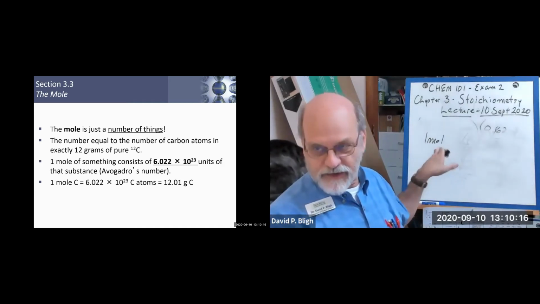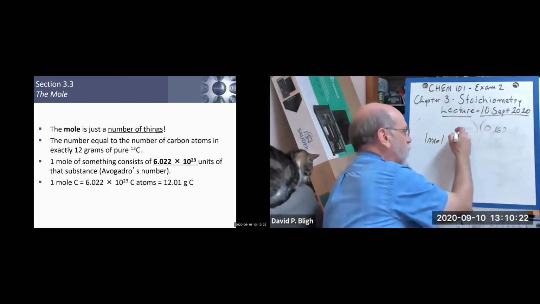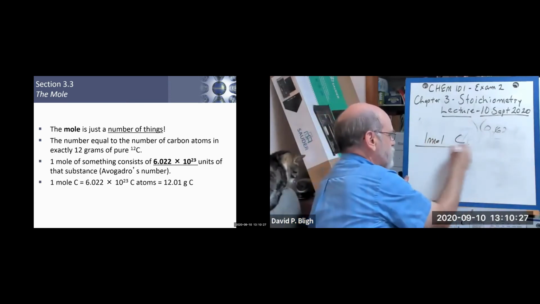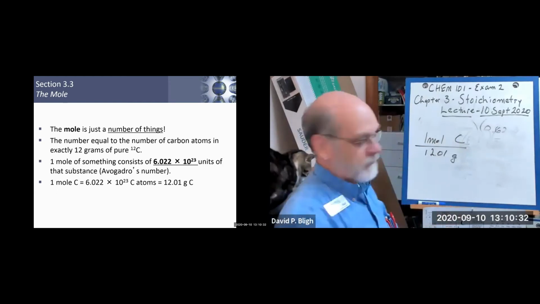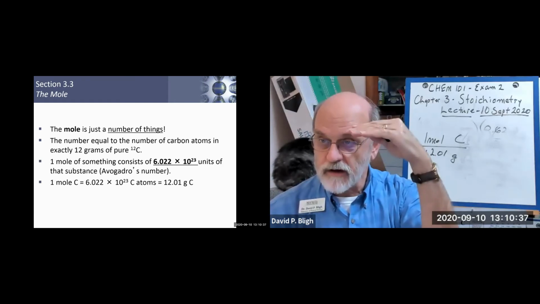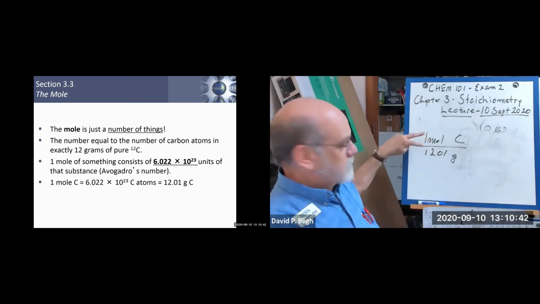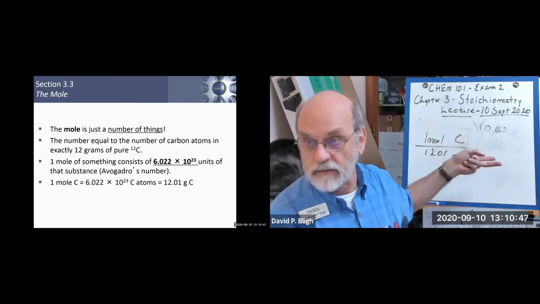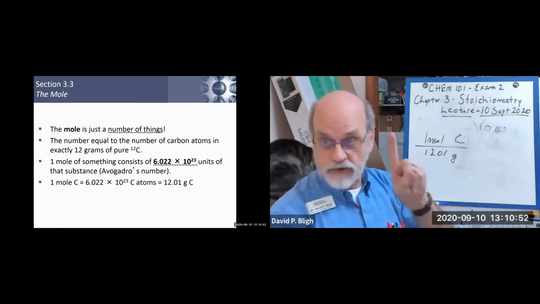MOL without the E is the abbreviation for mole with the E. So 1 mole of carbon naturally occurring is 12.01 grams. And remember, conversion factors are equal to 1, which means the numerator is equivalent to the denominator. So if we needed grams on top and moles on the bottom, you can flip it. No problem. You're still ending up with 1 divided by the other is equal to 1.